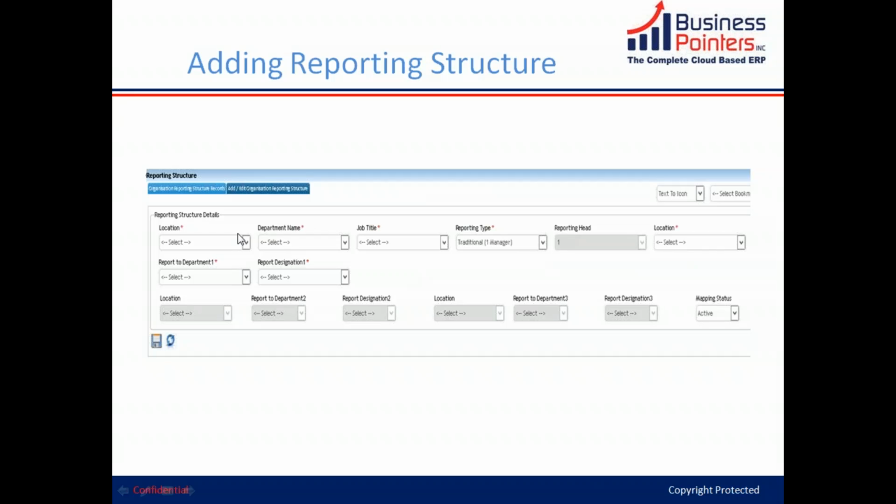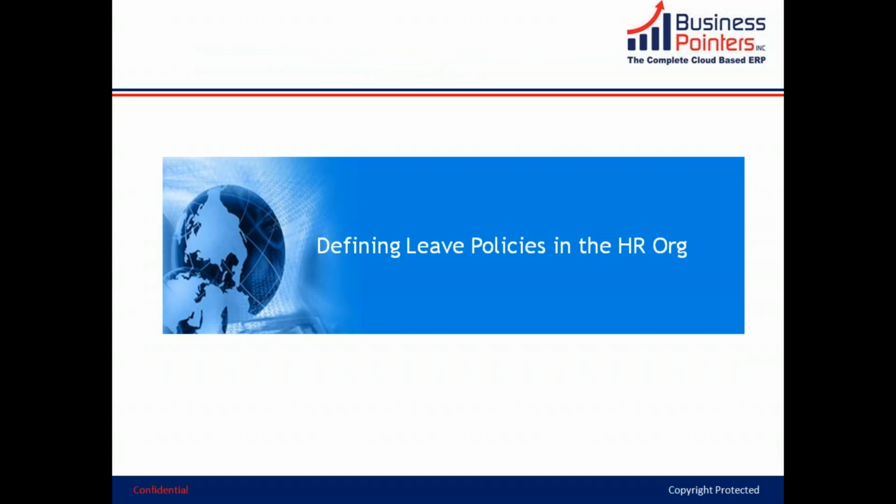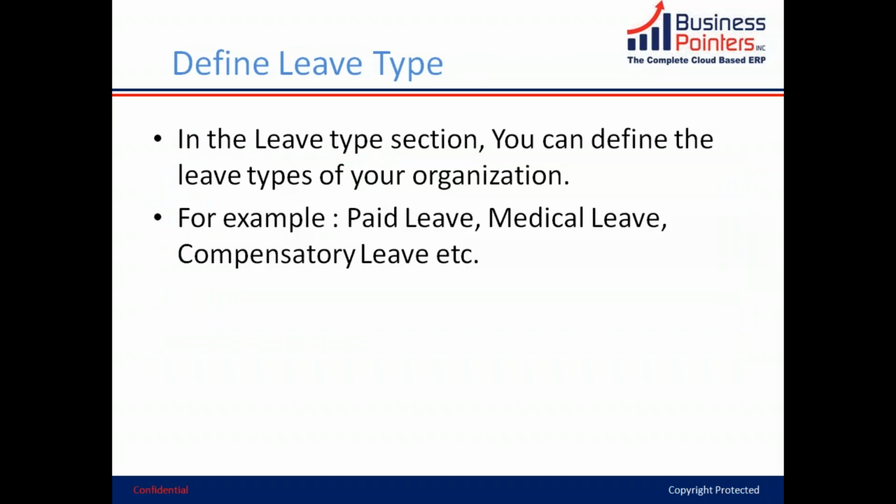And this particular location, department, job title is reporting to which department or designation. So this is how we define the hierarchy in the system, that a particular sales associate is reporting to a sales manager. That's how we define the hierarchy in this reporting structure.